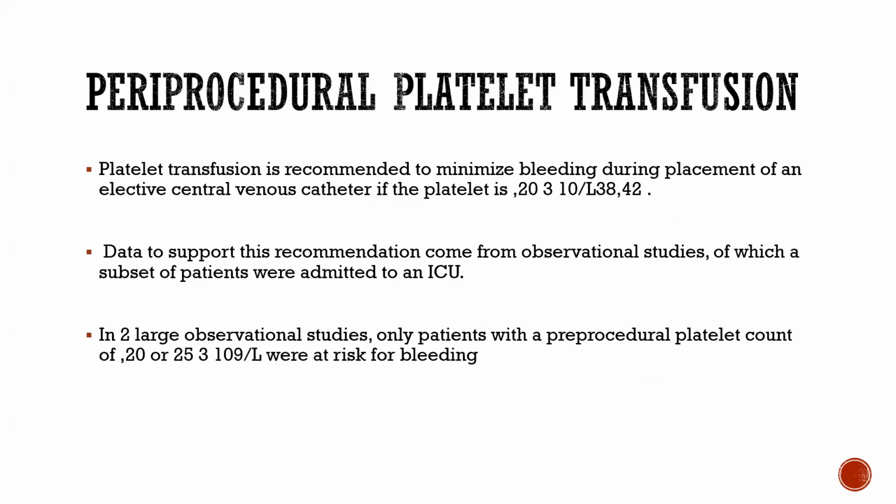Now, what about peri-procedural platelet transfusion? Platelet transfusion is recommended to minimize bleeding during placement of an elective central venous catheter if the platelet count is below 20,000. Data to support this recommendation came from observational studies, of which a subset of patients were admitted to the ICU. In two large observational studies, only patients with a pre-procedural platelet count below 20,000 or 25,000 were at risk of bleeding.